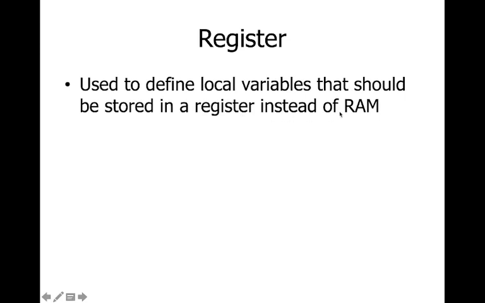All automatic or local variables will be stored in the memory, or the primary memory, or the RAM of the CPU. But if we want to store it in registers, there are CPU registers. Registers are faster than RAM. So if we want to make it a little faster, we can store those variables in registers.